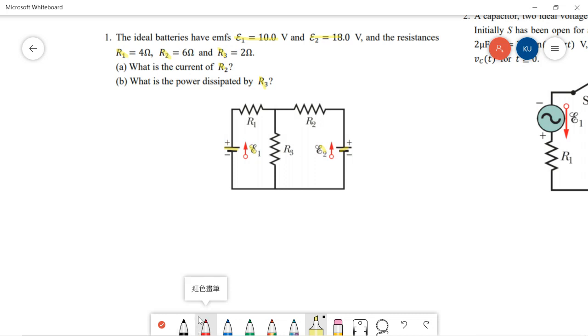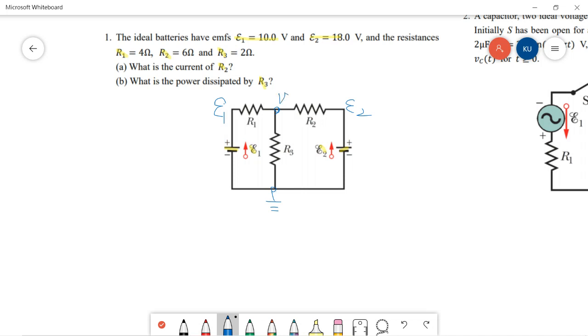So in this case, without loss of generality, we can simply assume maybe this one is the ground node, which means 0 volt. And this is E1, this is E2. And this is an unknown voltage.